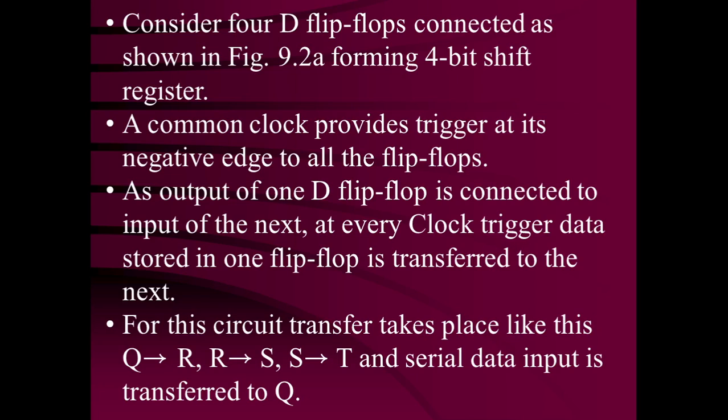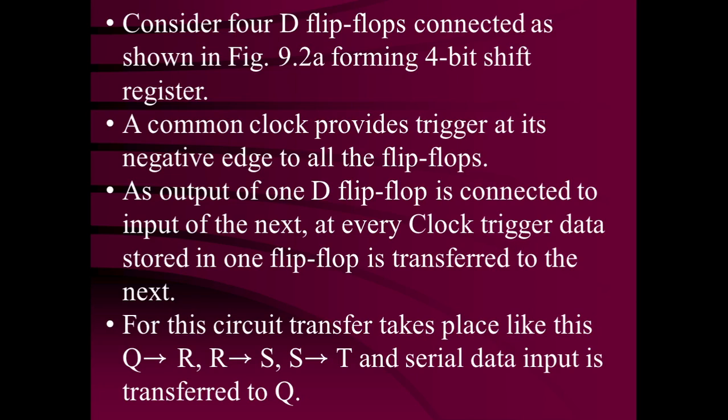That means the output of one flip-flop is connected to the input of the next flip-flop: the output of the second flip-flop is connected to the input of the third, and the output of the third is connected to the input of the fourth. A common clock provides a trigger at its negative edge to all the flip-flops, so on every negative edge of the clock pulse all the flip-flops are triggered simultaneously.